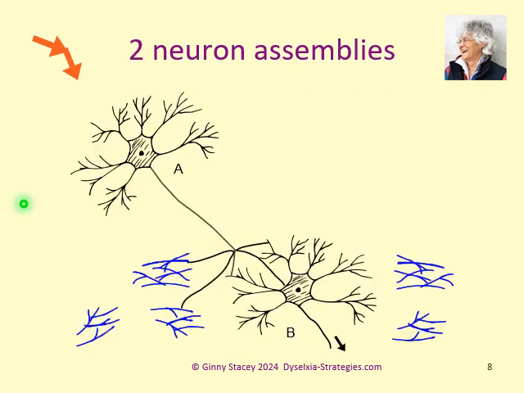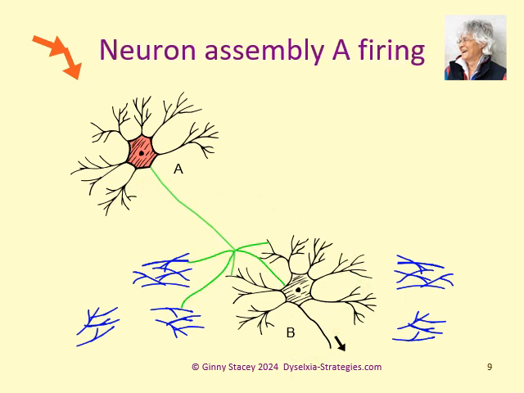So looking at two neuron assemblies, we have neuron assembly A and B. And if A is taken over its firing potential and sends a signal down the axon, then this is connecting up to neuron B. And if that takes neuron B over its threshold, it will fire and pass the signal on down through the network.